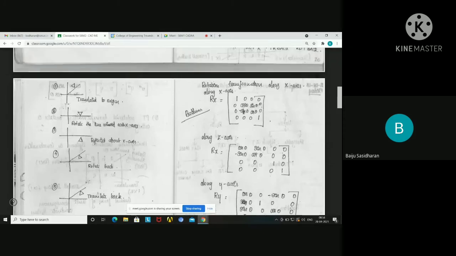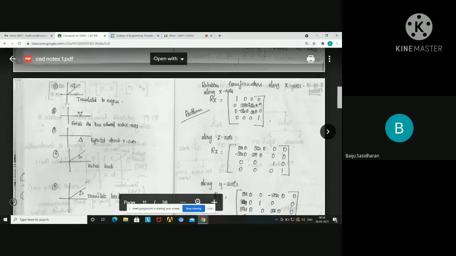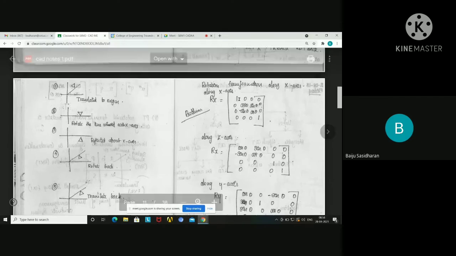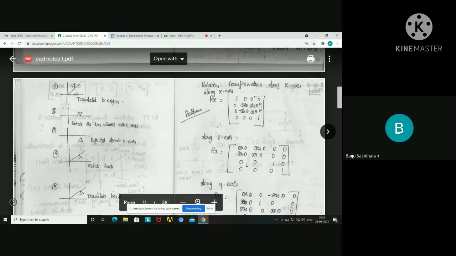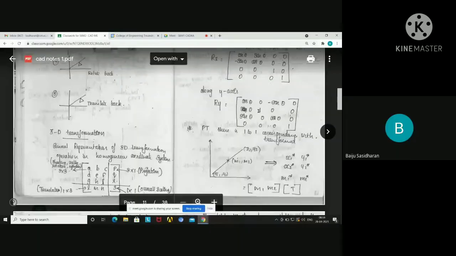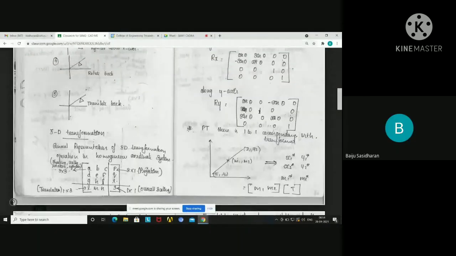And you see, while we are writing this rotation about the x-axis, this represents x, therefore that will be 1. And if you are considering the z-axis, in the third row and third column, this value will be 1. Then cos theta, sin theta, minus sin theta. For the y-axis, you see this value will be 1.